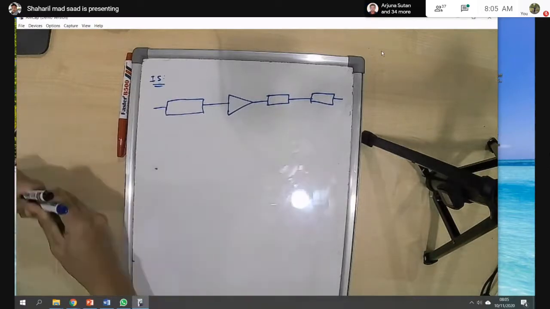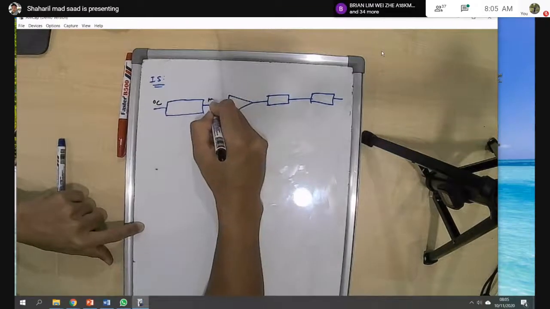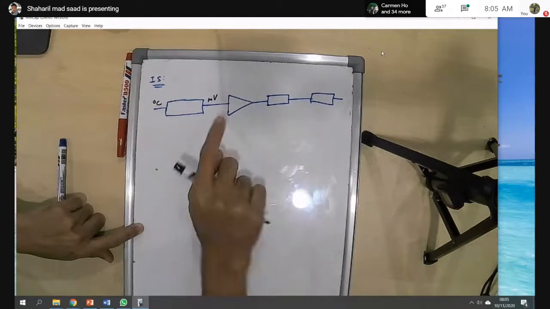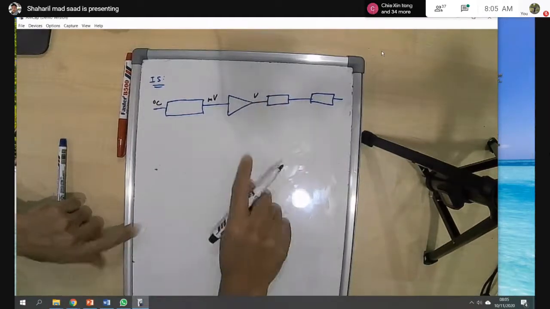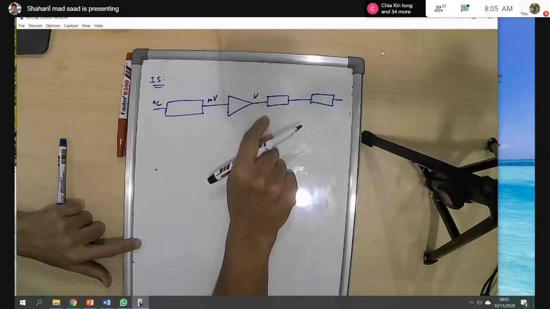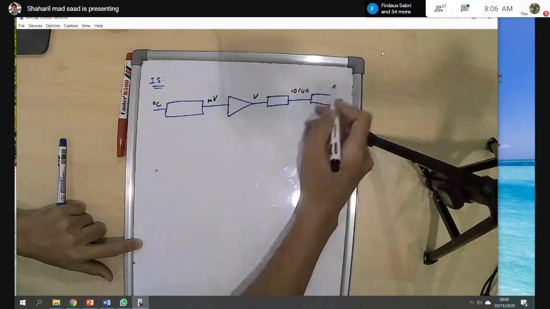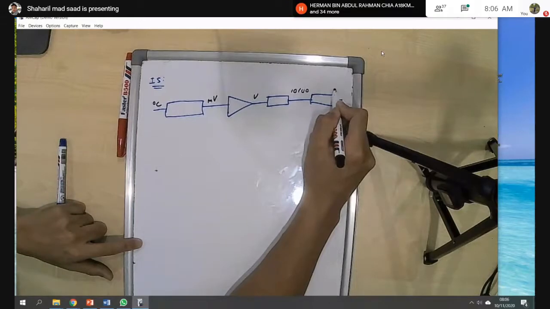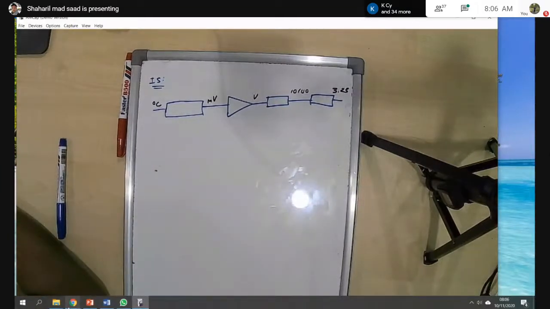For example, the input is a temperature, and the output will be in millivolts. It's too small, so you need signal conditioning to amplify it to a voltage. This is the analog voltage, and then it will convert to digital, maybe 101010, and then display on the LCD. For example, the voltage is 3.23.